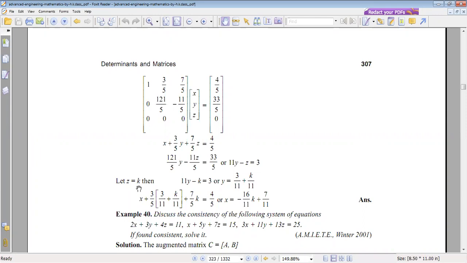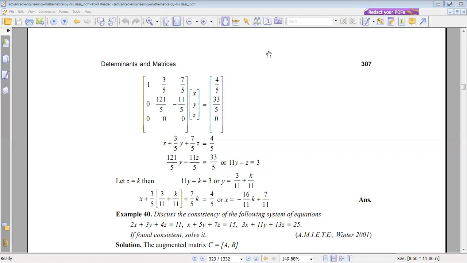So that's why the system has infinite number of solutions. Okay, so these are the three types. In the first one, what did you get? Whether the system is consistent or not.